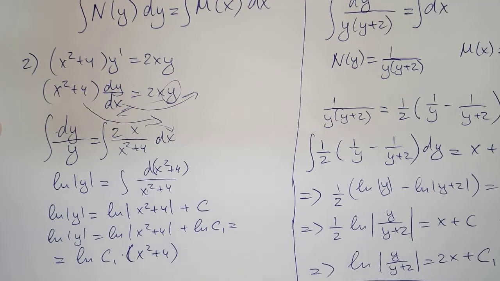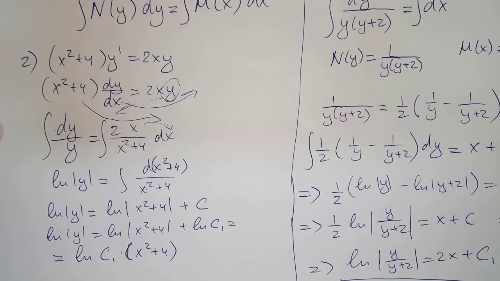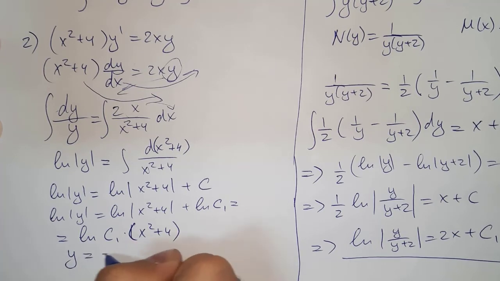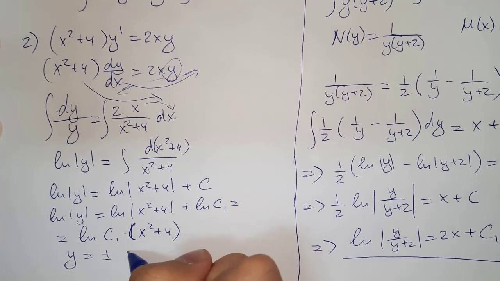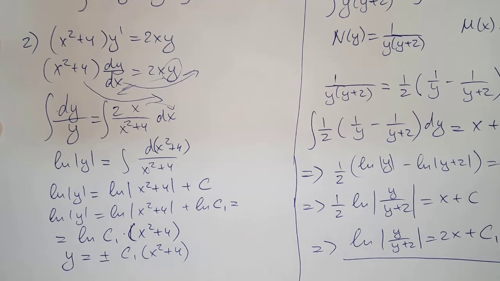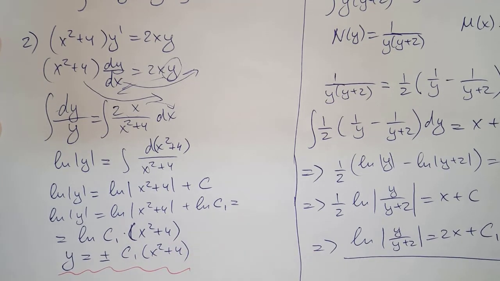Now we have two natural logarithms, and if we equate, it will be y equals plus or minus c1 times x squared plus 4. So this is the solution of our equation.